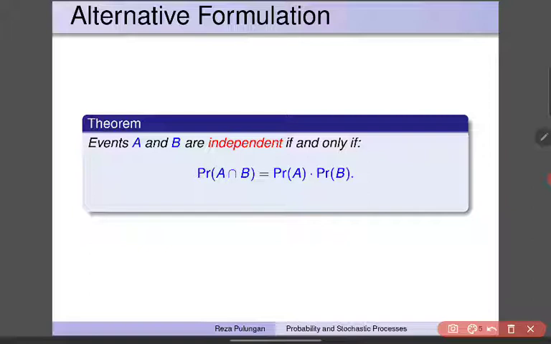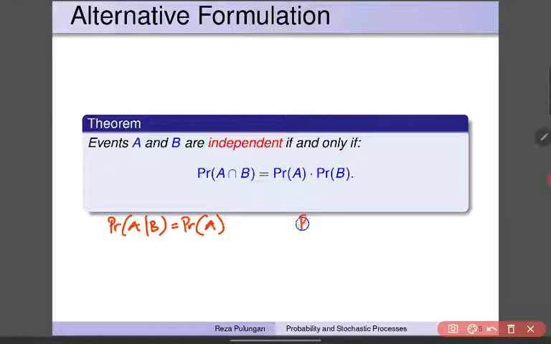So originally, two events are called independent if the probability of A given B is equal to the probability of A. This is our original definition. On the other hand, we have the definition of conditional probability.